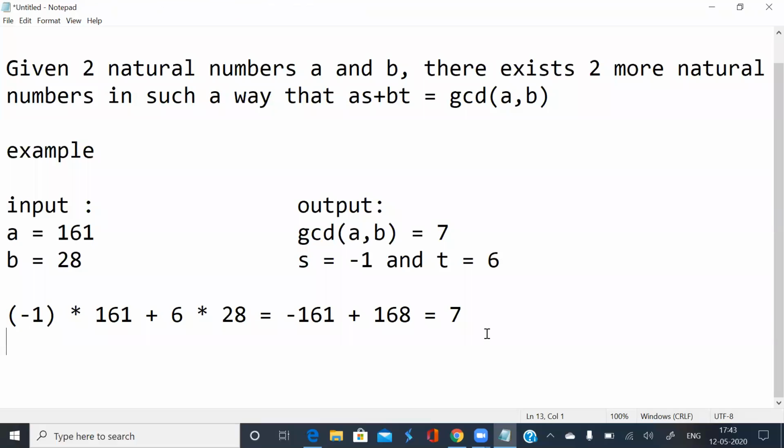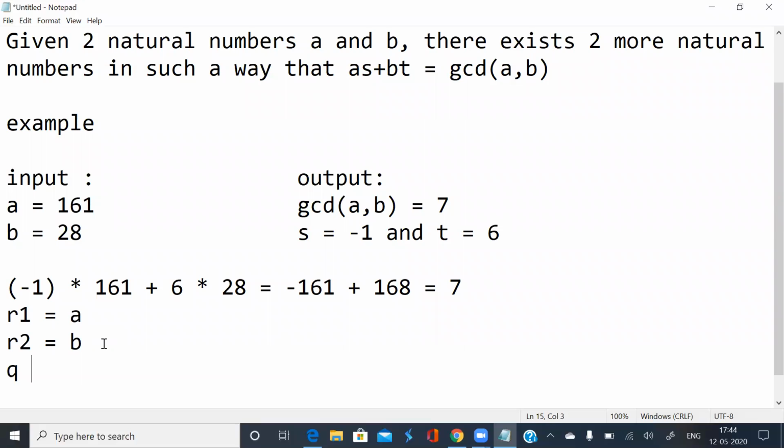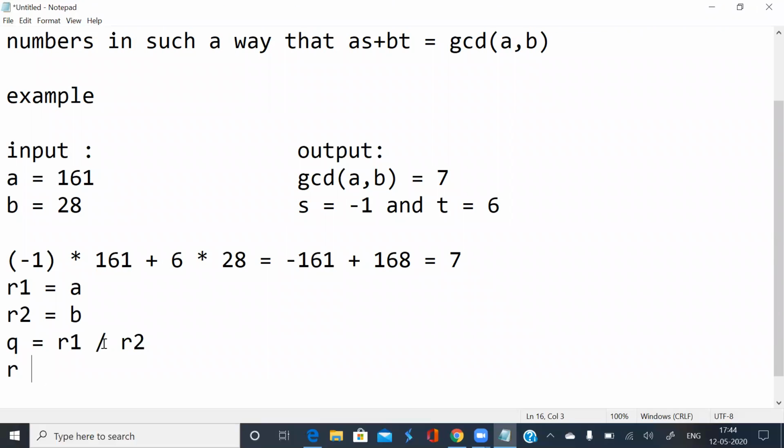We need some variables here. R1 is A, R2 is B, Q is integer division of R1 and R2, R is remainder of division of R1 and R2.